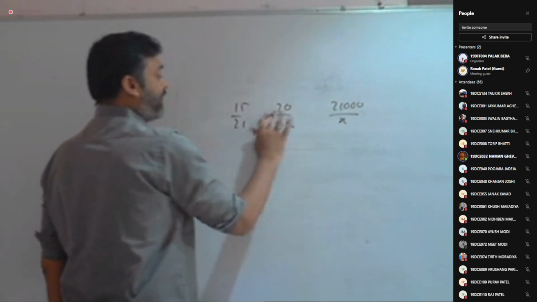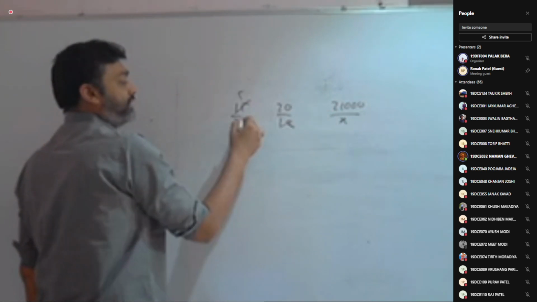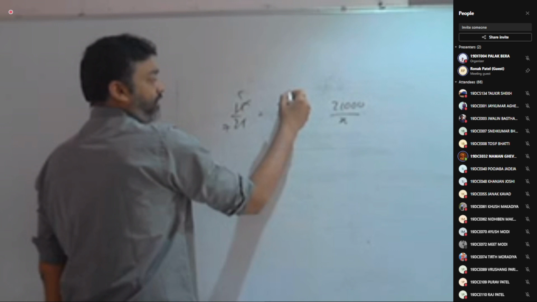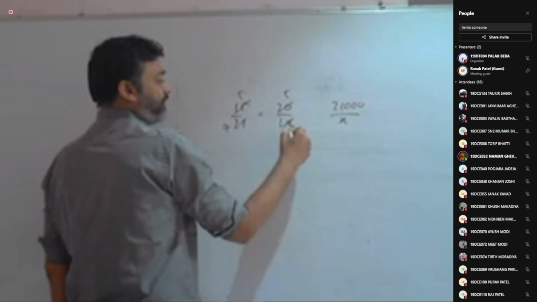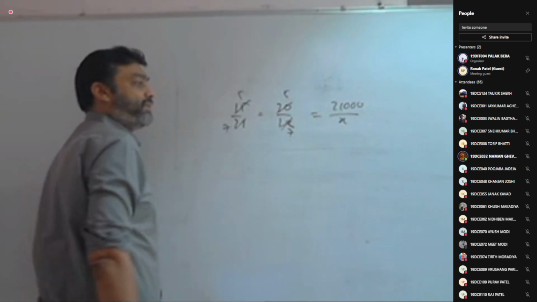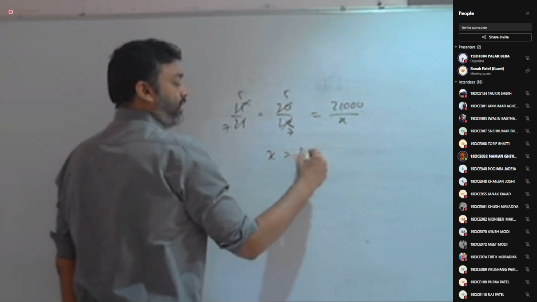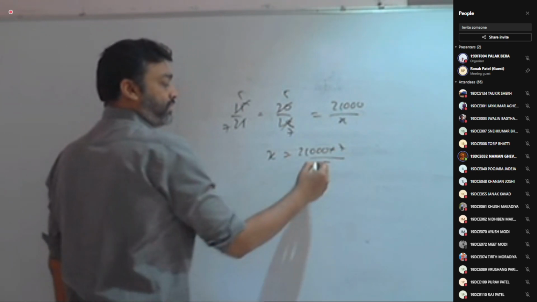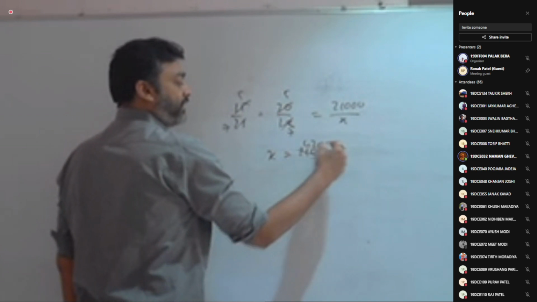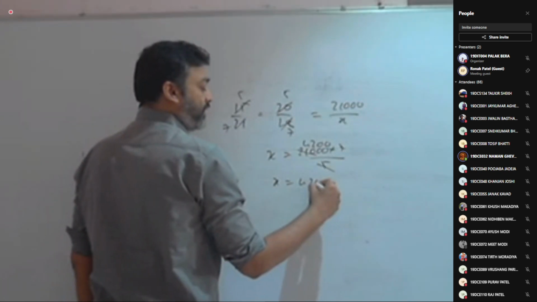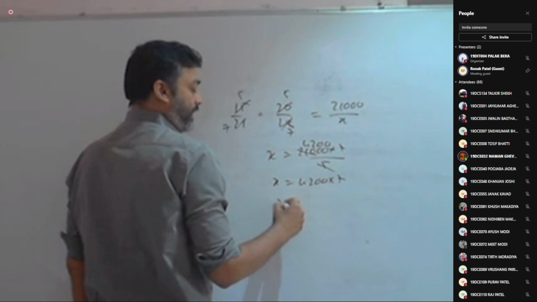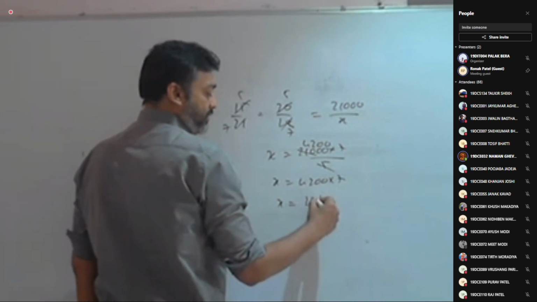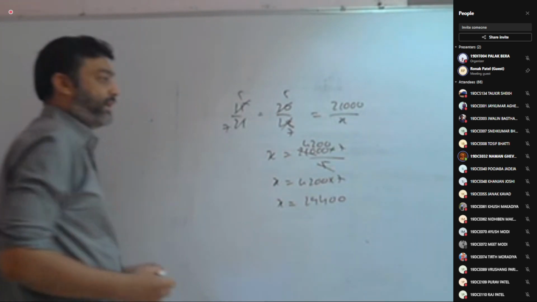This is 5 threes, 7 threes, 5 fours, 7 fours. So this must be 5 by 7. So my x is equal to 21,000 into 7 by 5. So this will be 4,200, and x is equal to 4,200 into 7. And then you get your answer, 29,400. Everybody clear with this?